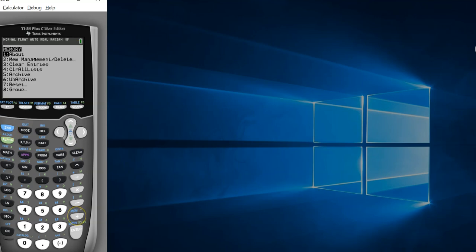Second, memory, number 4, clear all lists. Hit enter. Go stat, edit. Here's our fourth try at exponential regression. I hope you're doing each of these. The more of these you do, the easier it is on a test when it comes time to do regression.